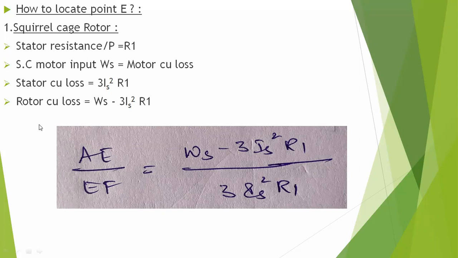Actually, motor input is equal to stator copper loss plus rotor copper loss. We know the value of input and stator copper loss, so from that formula we can find the rotor copper loss. So rotor copper loss is equal to input minus stator copper loss, that is WS minus 3Is square R1.